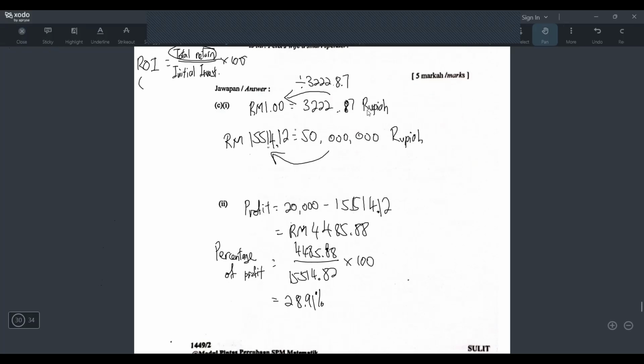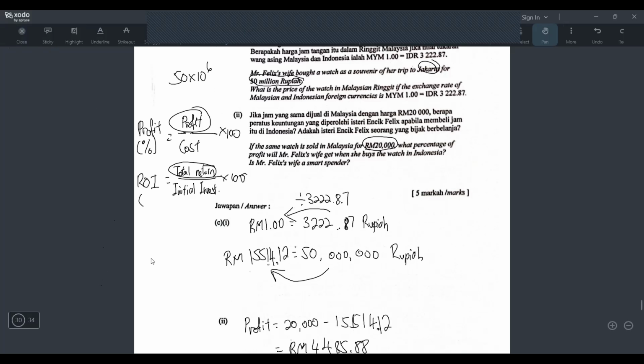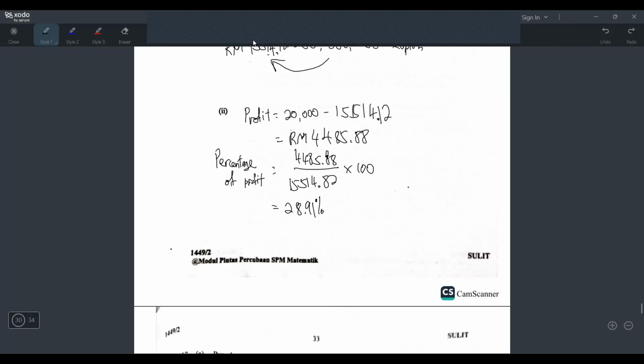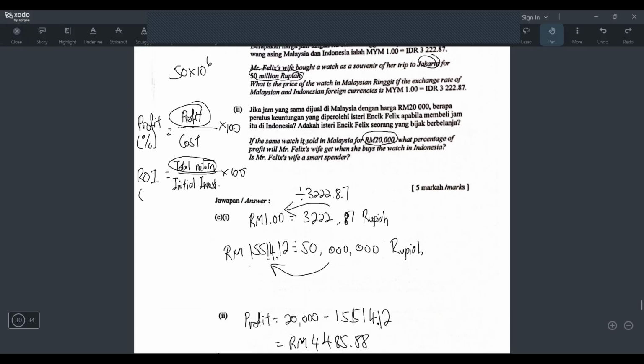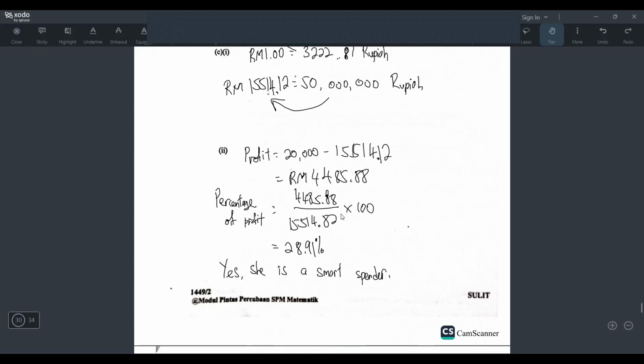So based on this, we will conclude that she is a smart spender. In this scenario, she bought a watch that's supposed to be 20,000, but she bought it in Jakarta for 15514.12. That's why there is a 28.91% profit. That's why I would say yes.